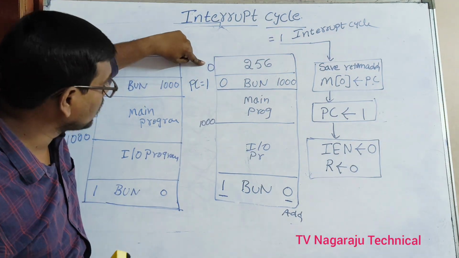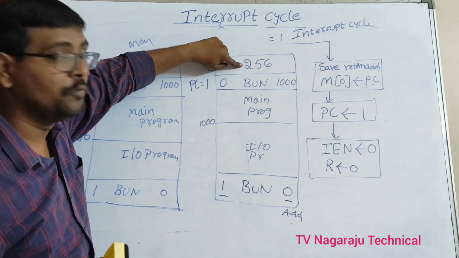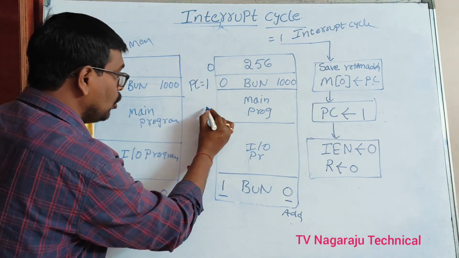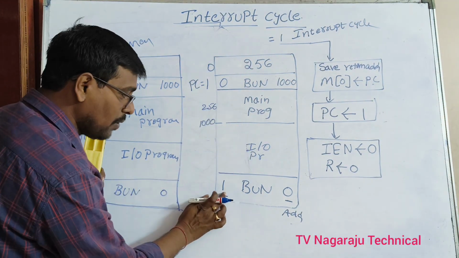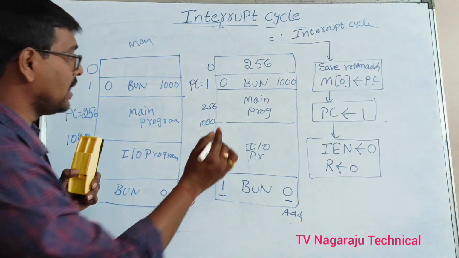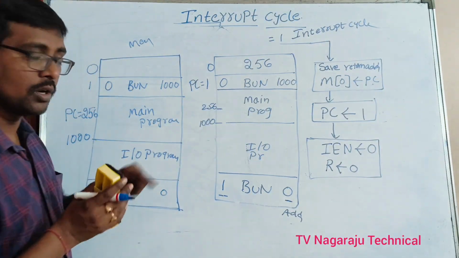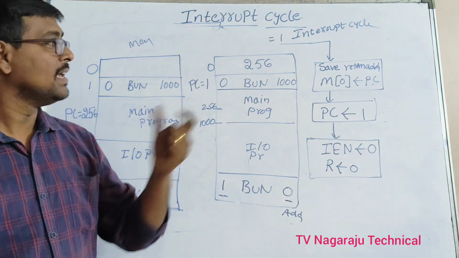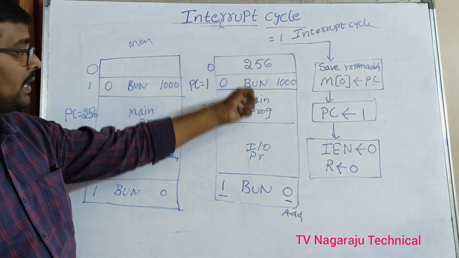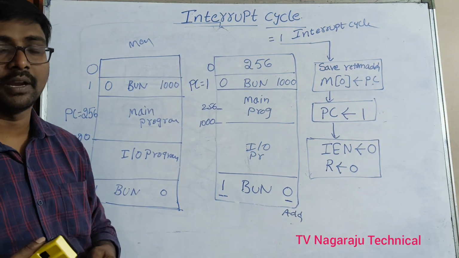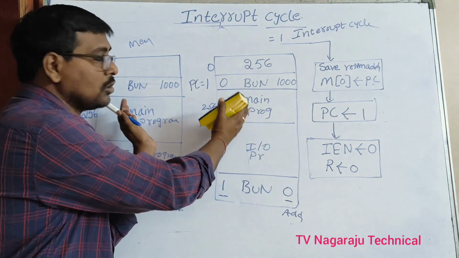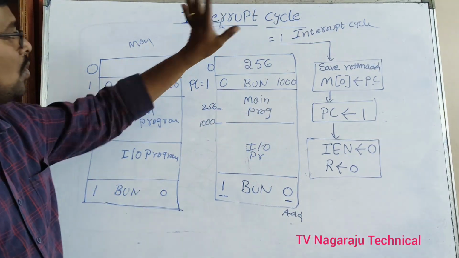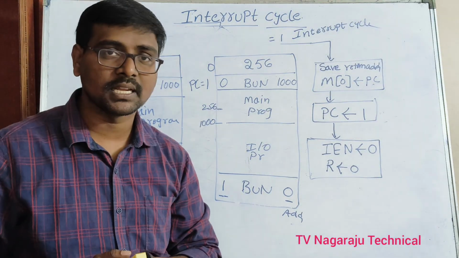Within that, 256 is there. 256 is not the value, 256 is the operand. Why? Here I used indirect. Now go to location 256 and continue the remaining execution. You got it? This is how the interrupt service routine is activated. It is almost similar to branch and save return address. This is the overall concept of the interrupt cycle.